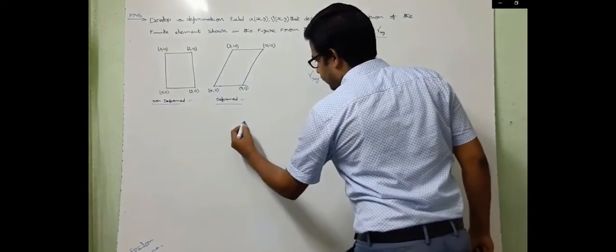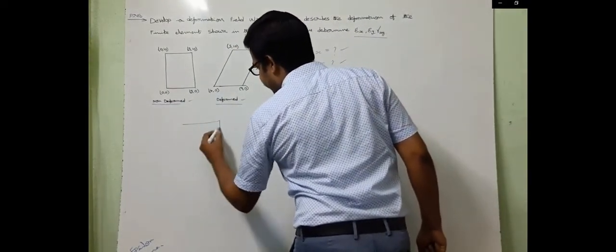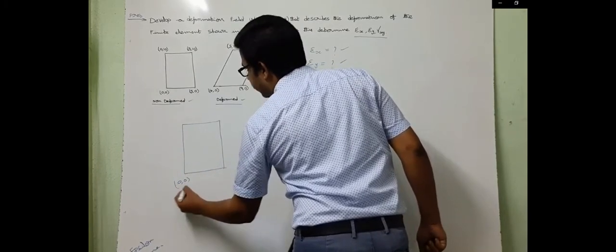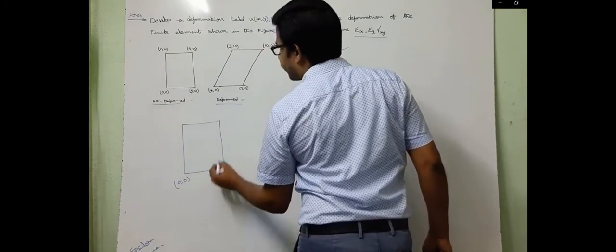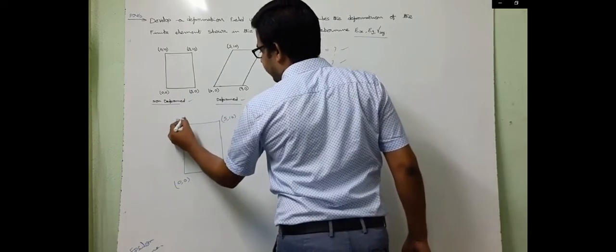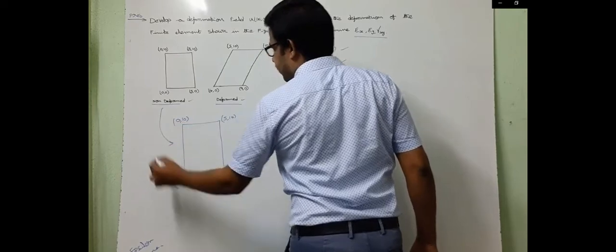In the non-deformation diagram, the points are 0 comma 0, 5 comma 0, 5 comma 10 and 0 comma 10. This is the non-deformation body.